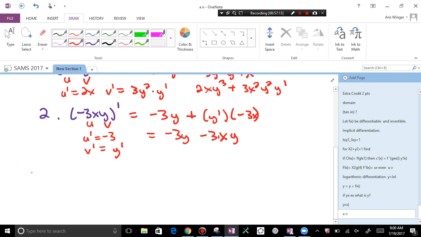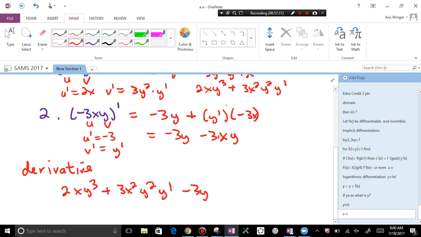So then the derivative becomes, once we have done all this derivative stuff, 2xy cubed plus 3x squared y prime minus 3y minus 3x y prime is equal to 0. So this is style. I tend to compartmentalize my derivatives and then bring them all back, and now it's an algebra problem.